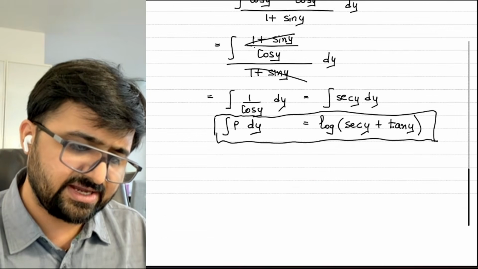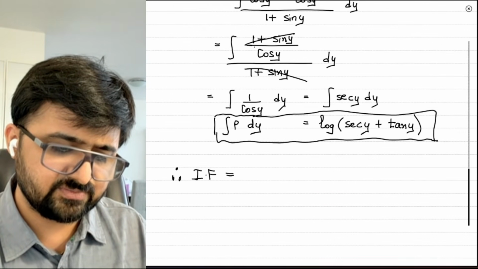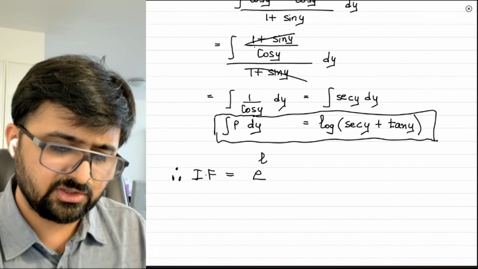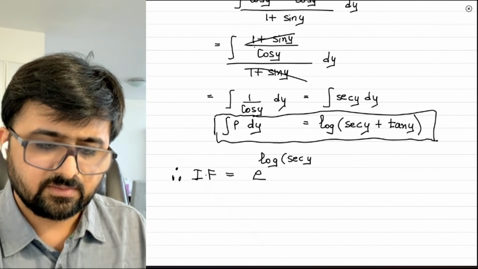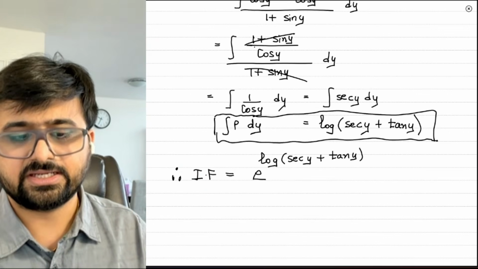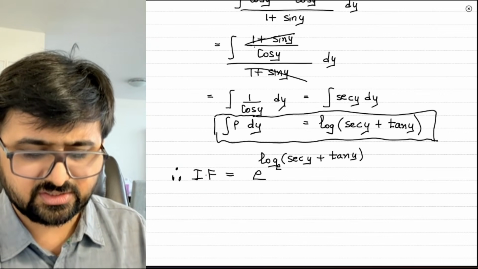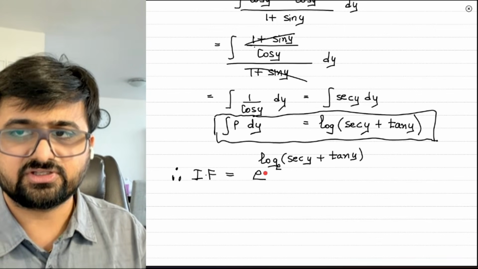So our integrating factor will become e to the power log of (sec y plus tan y). Now, since it is natural log with base e, natural log always has the base e, we can use the property of the log, okay?